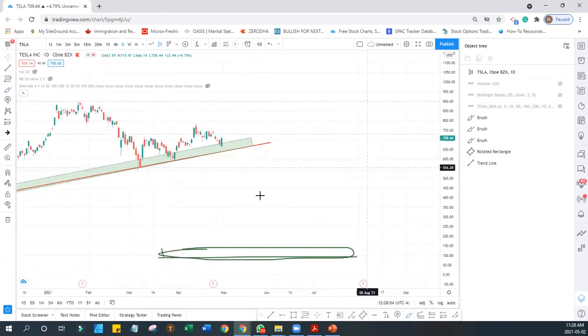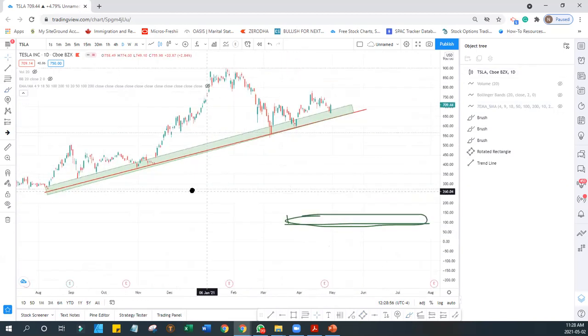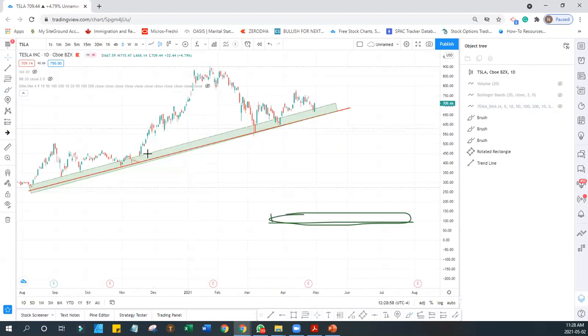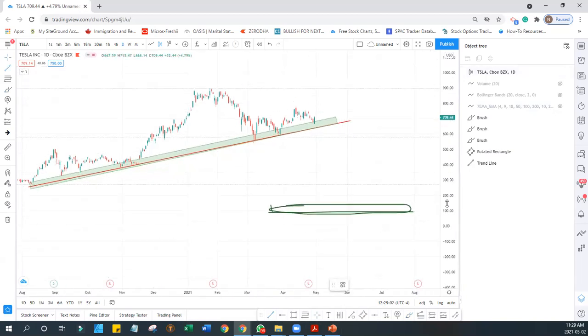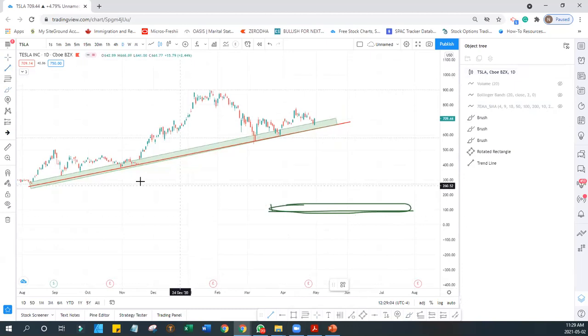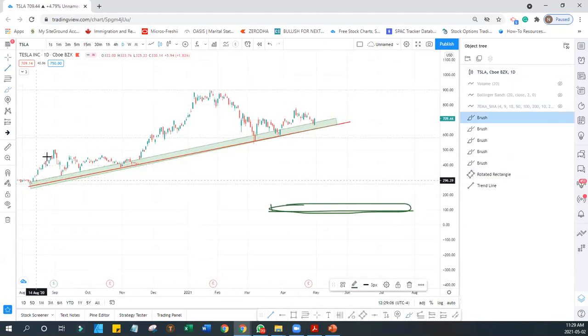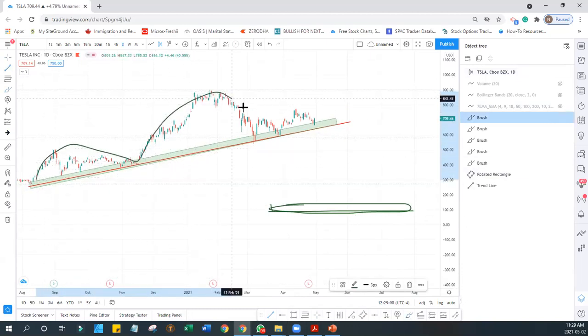So this was Tesla, and if you see, it's making a nice pattern. Everybody probably will agree. It's making a 1, 2, and a 3.